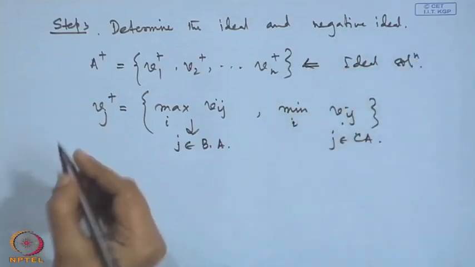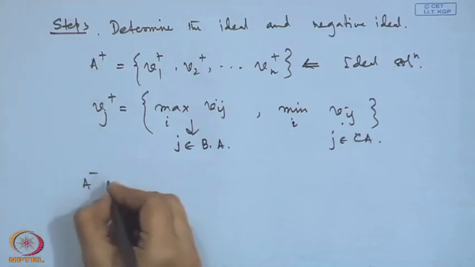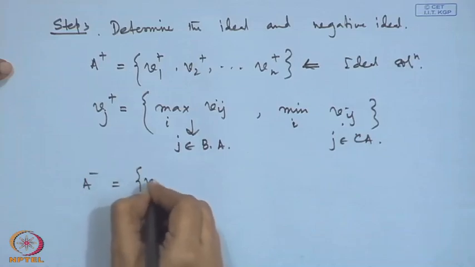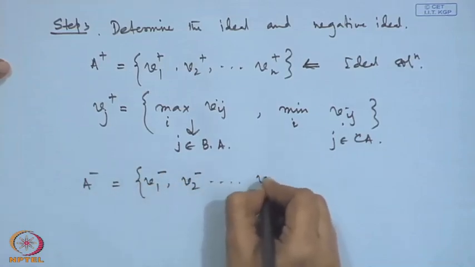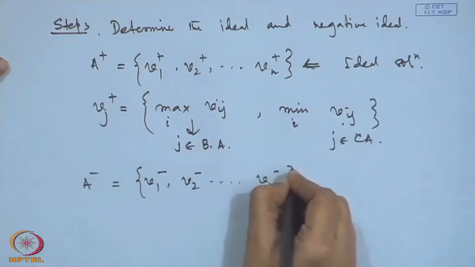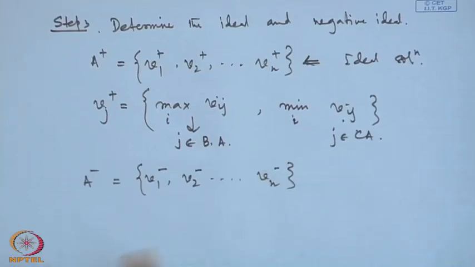And similarly, we can consider the negative ideal, which is also named the anti-ideal, where we are not at all satisfied, which we can achieve easily, but we are not satisfied together.